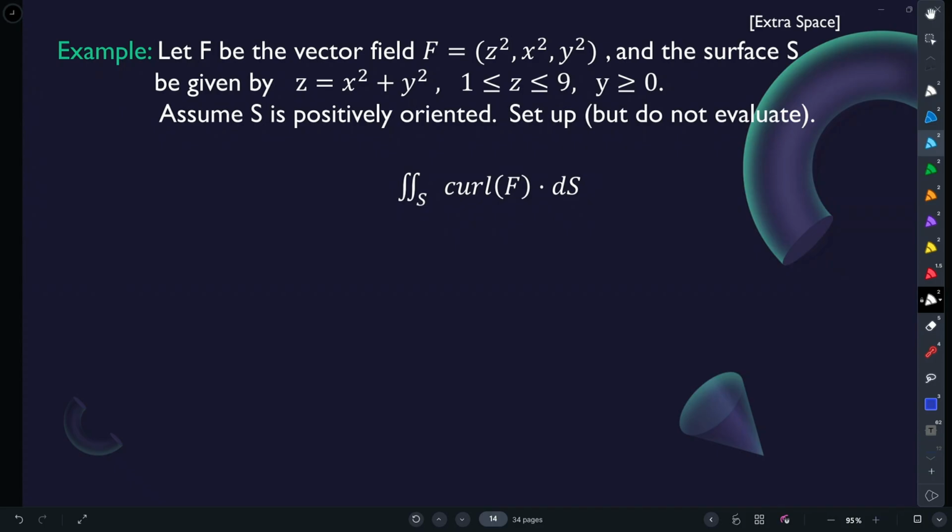So now I need to parameterize this domain. So the domain is going to be points x, y such that they are between x squared plus y squared, and y is bigger or equal to 0.